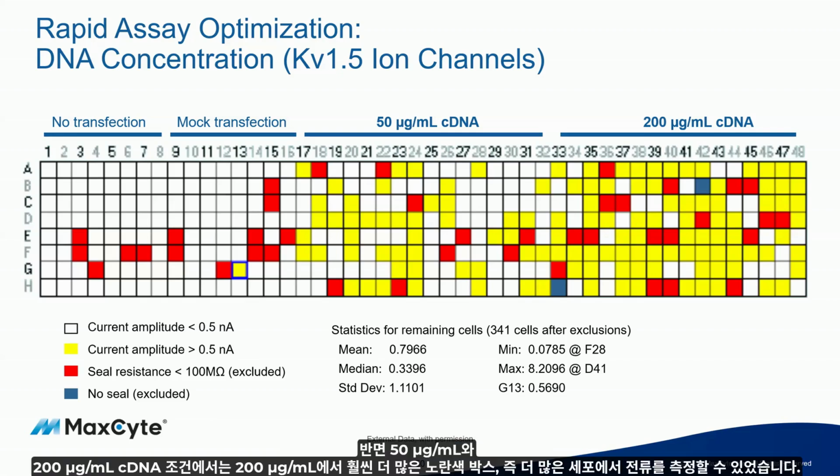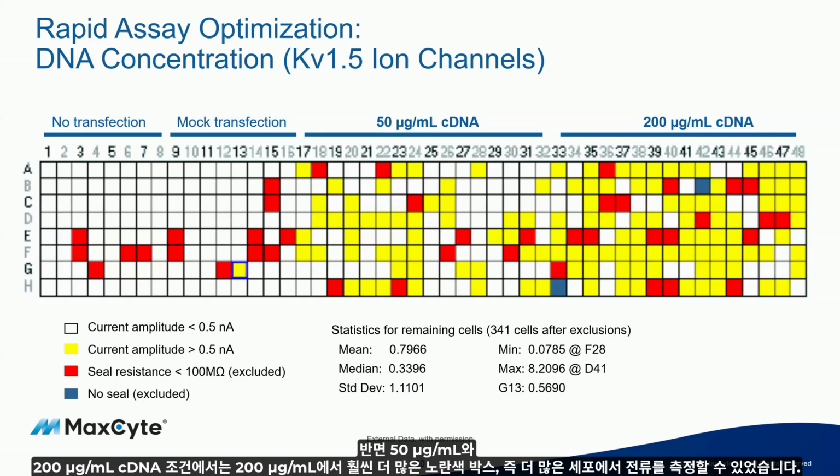Then they tried 50 micrograms per mil or 200 micrograms per mil of cDNA. You can see that there are more yellow boxes for the 200 micrograms per mil cDNA, indicating that a larger percentage of cells were able to be measured. This is more efficient in terms of how much time and money you're burning on your patch clamp.